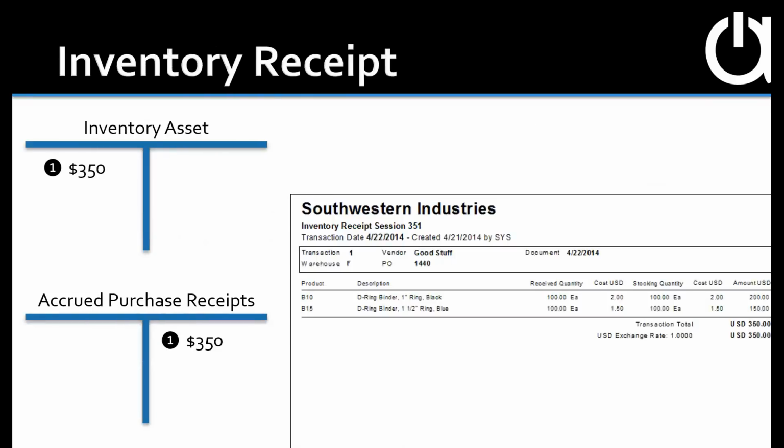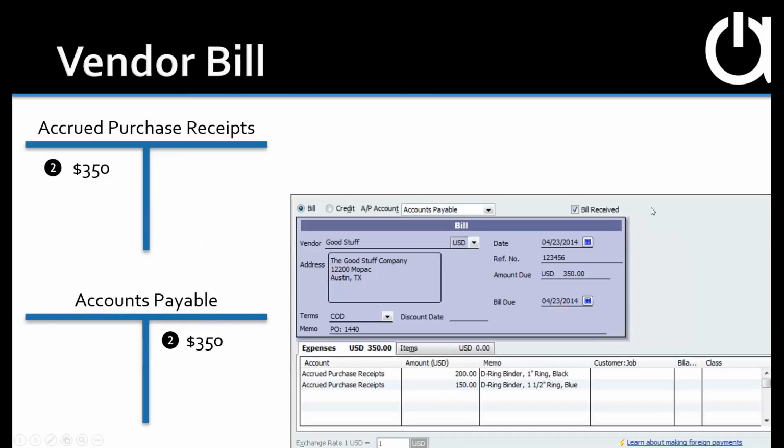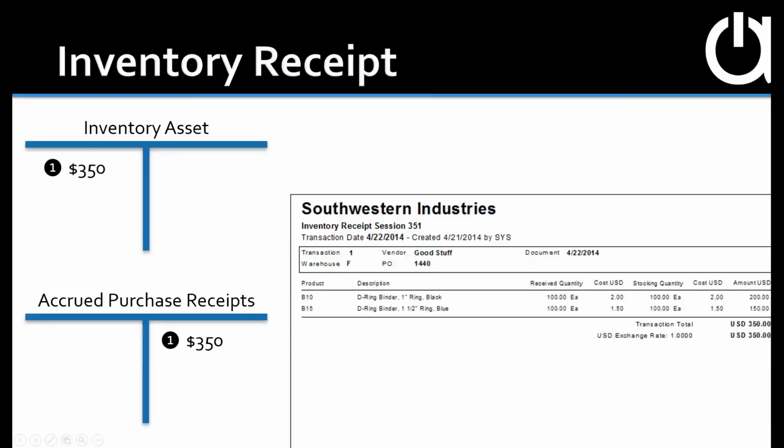Okay, so this receipt pulls in whatever dollar figure we put in for a cost on the PO. But Acctivate's so smart, when I enter the vendor bill in Acctivate, it will go back if that number is different. So I said on the PO my cost is $2. Let's say it's $2.25 when I get the vendor bill.